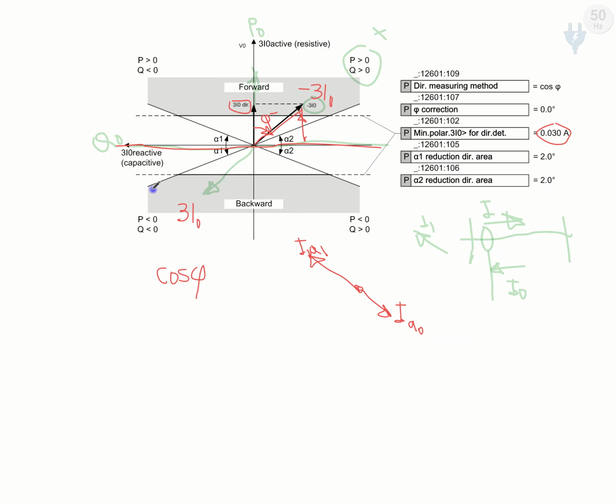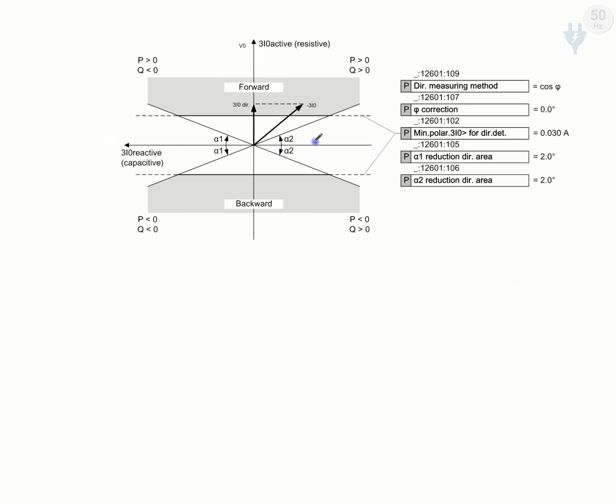These two axes define alpha 1 and alpha 2, the reduction direction areas, because during the fault, at the beginning of some faults, it may be a transient condition, and in this we should not define the direction, and we should not operate our system further because it's operation switching or something like that.